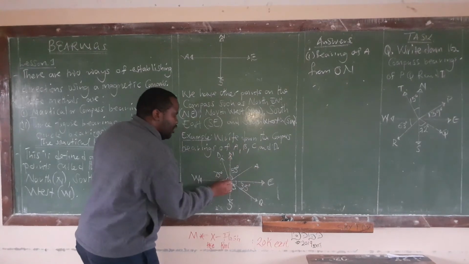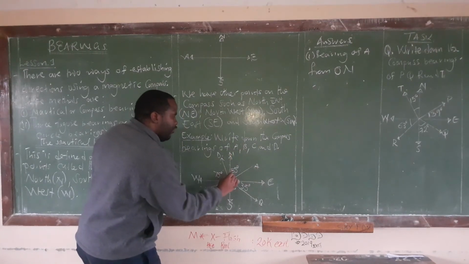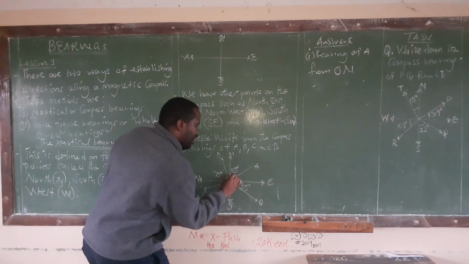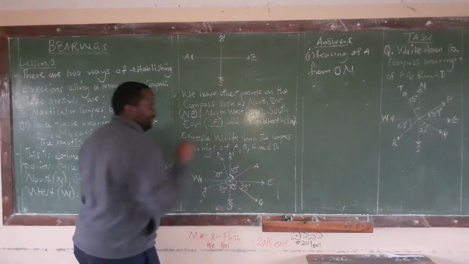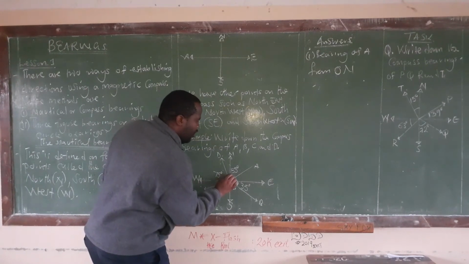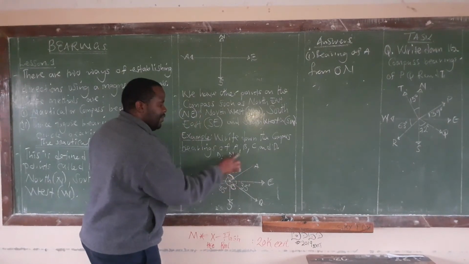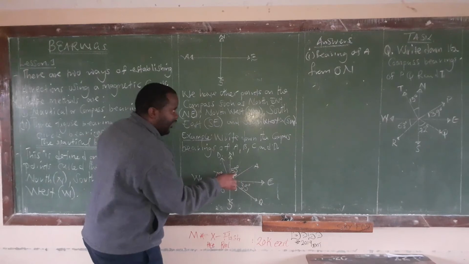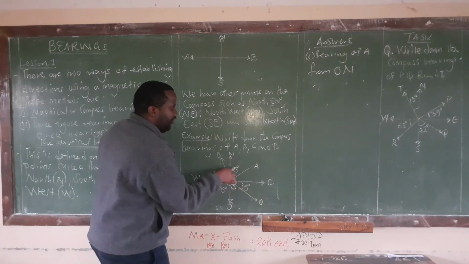Here, this A is on the northern part. So I'll go to O, then move from the north pole until I meet the line OA. When you move from the north pole to line OA, you realize that the degrees here are 55. So this is north 55 degrees.